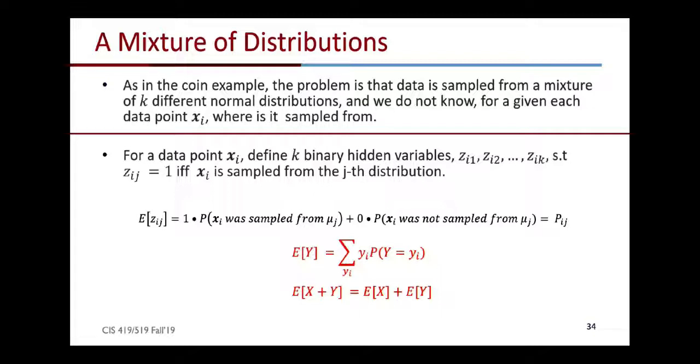So only one of the zij over all j's is 1, the one that is correct. I can also write the expectation of the zij. It's 1 times the probability that xi came from mu j, plus 0 times the probability that it was not from mu j. And it so happens that this is just Pij. This is the notation I used before.